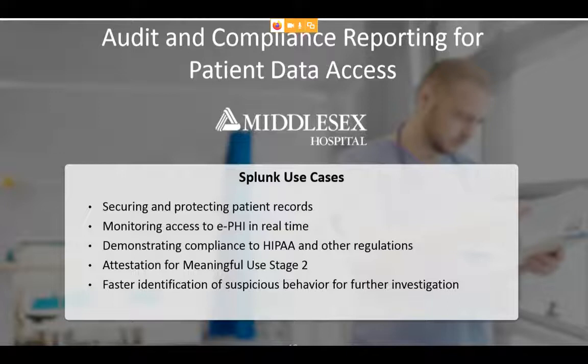and they put a premium on patients' privacy as well.